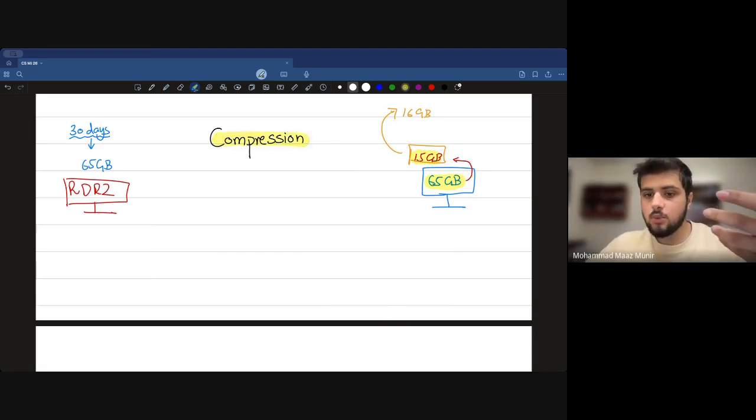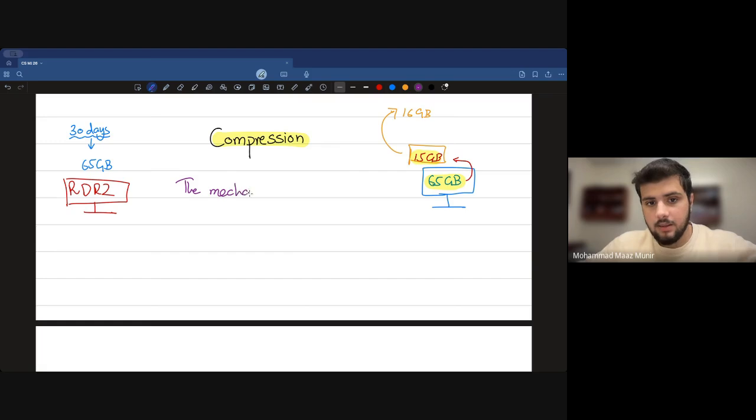So in compression, we will be exploring the concept of how you can reduce the size of a file for a specific reason. The mechanism behind reducing a file size for a specific reason.